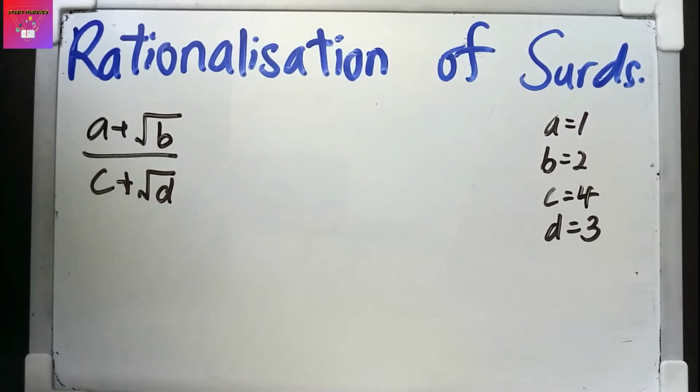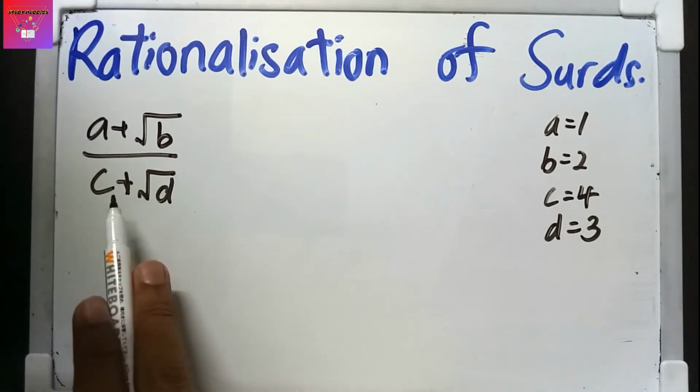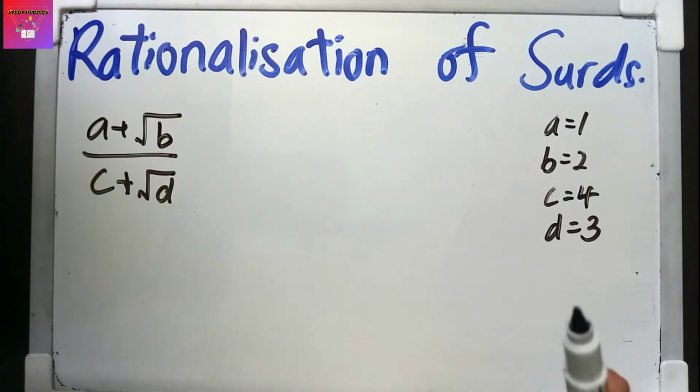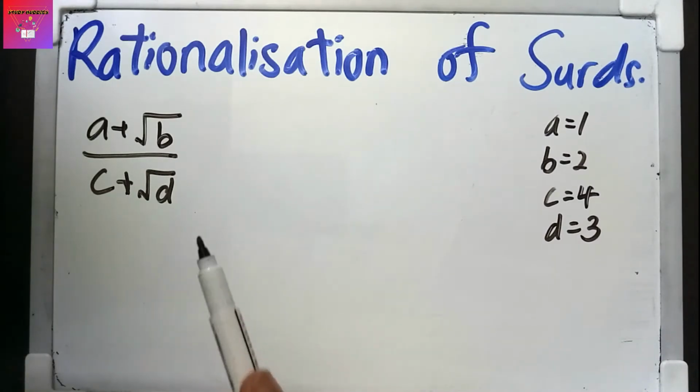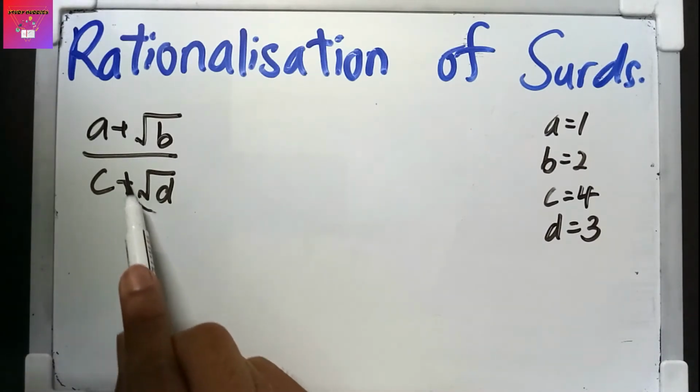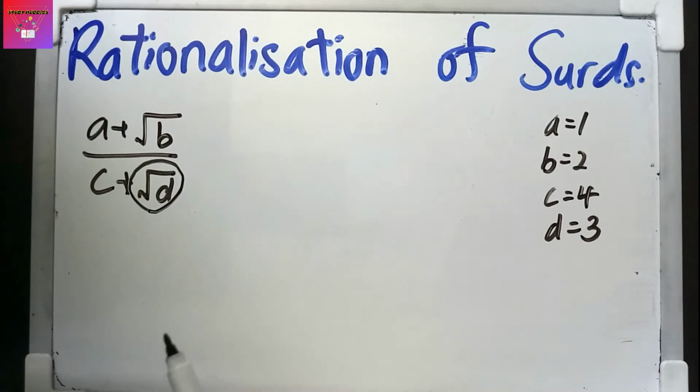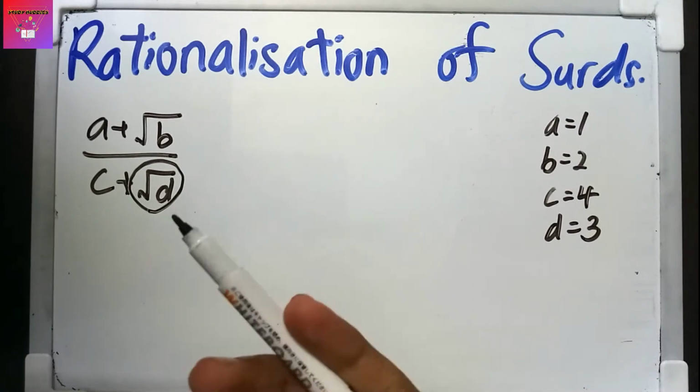So now let's continue with rationalization of surds. This is the place where we'll be applying the conjugate surds. As a recap, conjugate means you have to change the plus to minus and minus to plus. But when it comes to rationalization of surds, which often comes in a fraction format, why we have to do conjugate is because of this disturbance, the square root d over here, the surd d over there. So why do we actually have to change it?